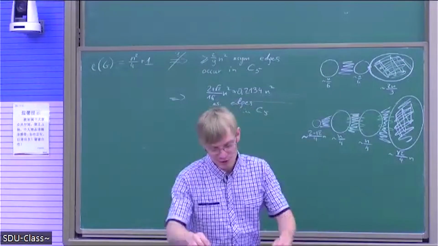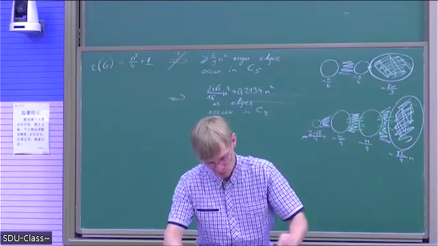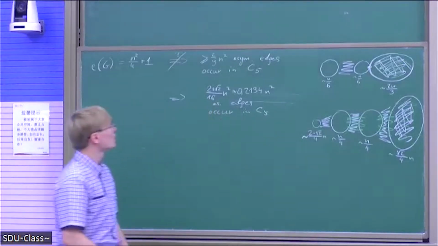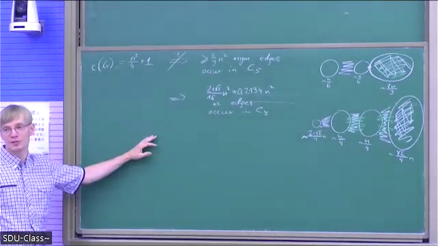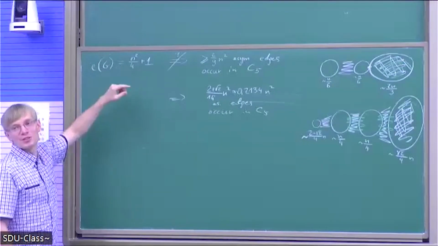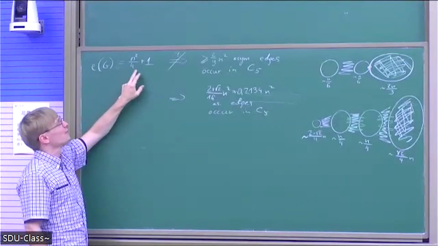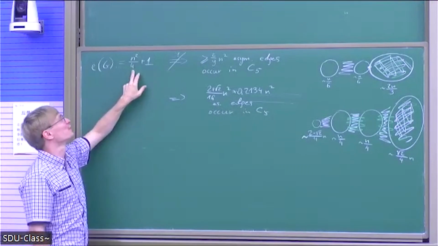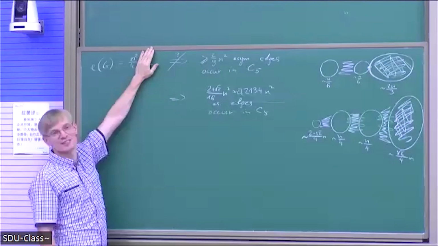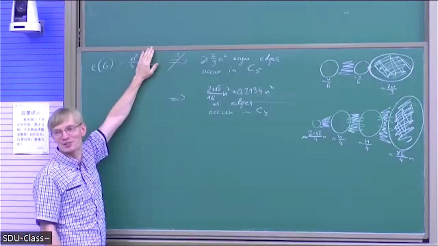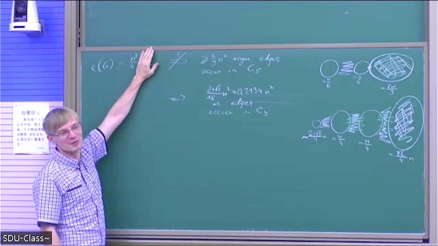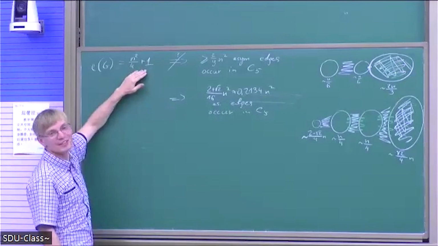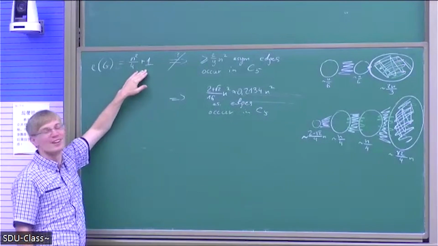When you first see this problem, you may be surprised. Why flag algebras here? First, you need to say that your graph has exactly n squared over 4 plus 1 edges, right? Because if I forget about this plus 1, then there might be no 5 cycles at all. So already this is hard to say in flag algebra language.